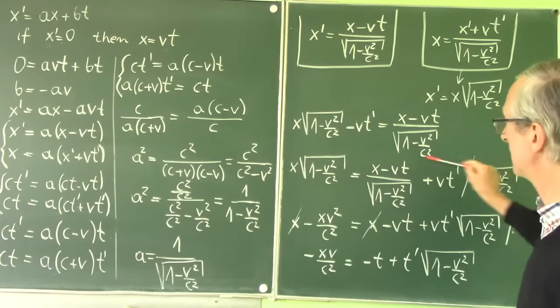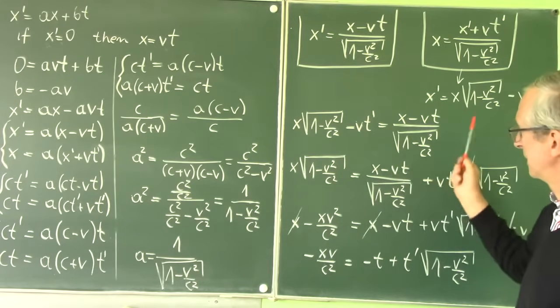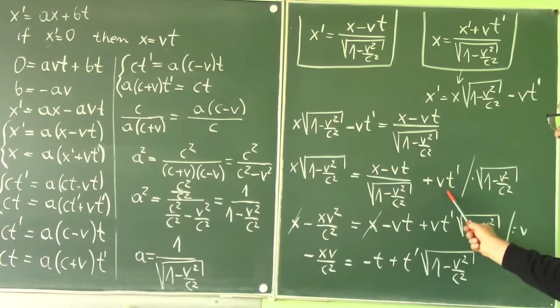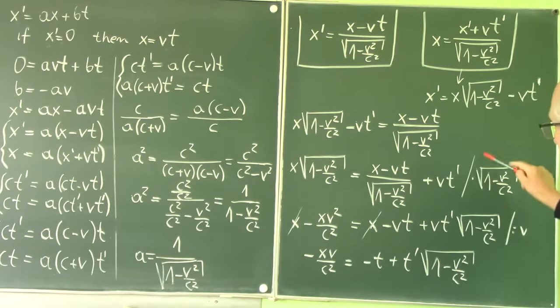And it's done here. Now we change the sign of this expression and multiply both sides of this equation by the square root of 1 minus v squared by c squared.